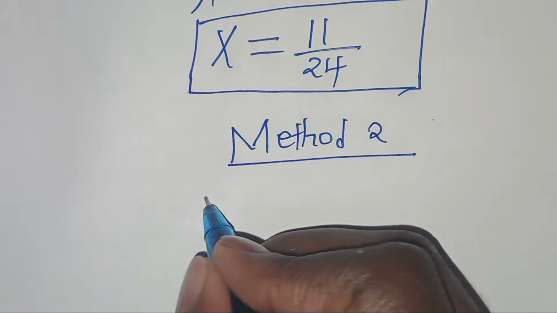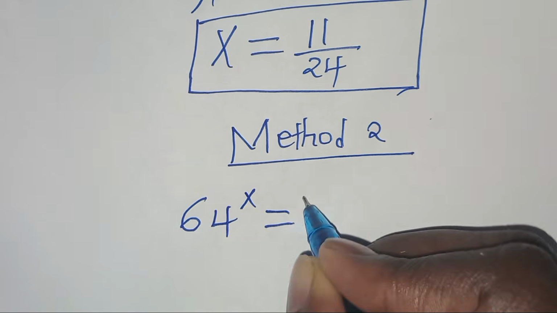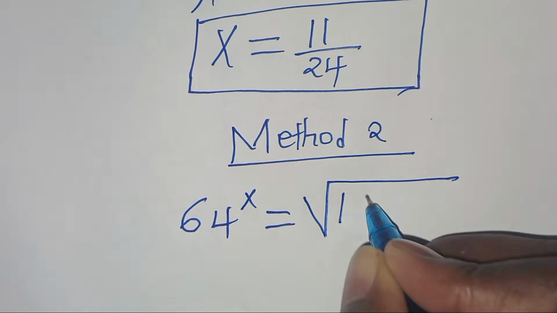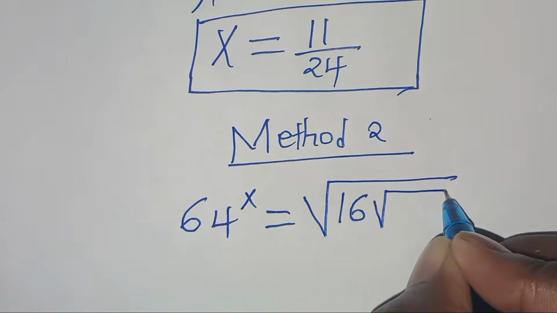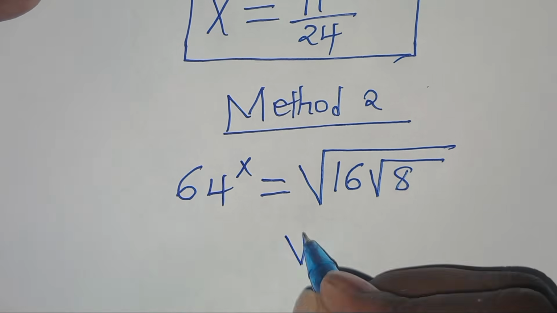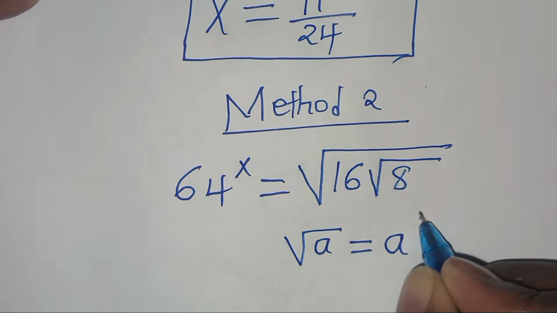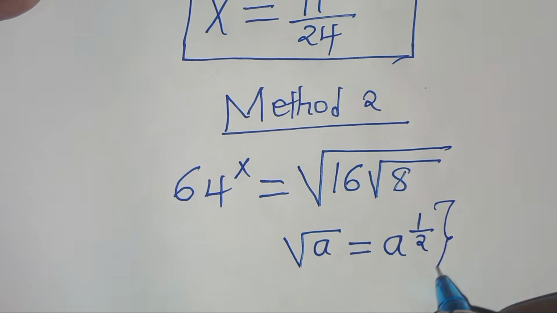So we have 64 raised to the power of x equal to the square root of 16 multiplied by the square root of 8. The square root of a is the same thing as a raised to the power of a half.